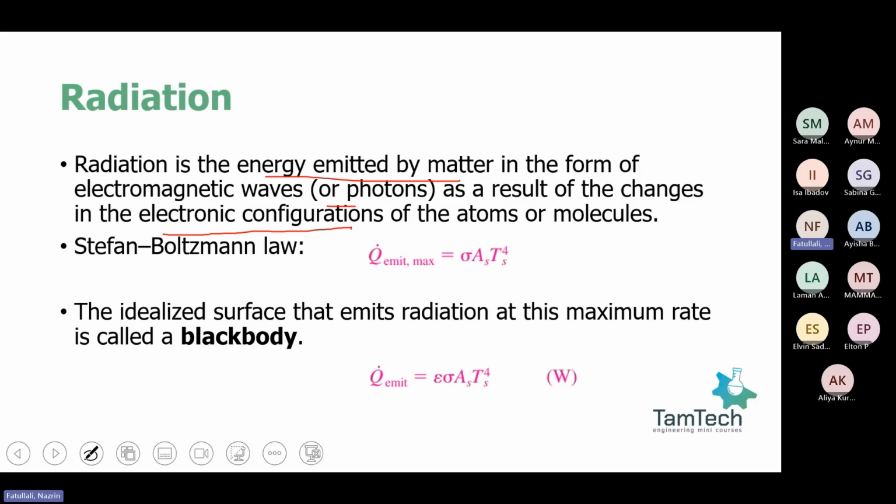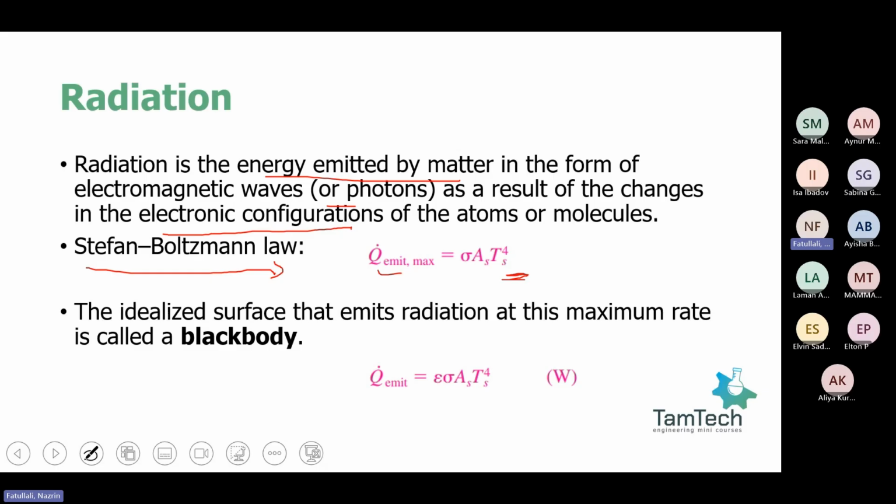Here the governing equation is the Stefan-Boltzmann equation, which we will use in calculations to find the amount of radiation emitted. You see that heat emission is proportional to the fourth power of absolute temperature. This temperature to the fourth power relationship is critical. Why? It means that your radiation becomes enormously significant at high temperature.